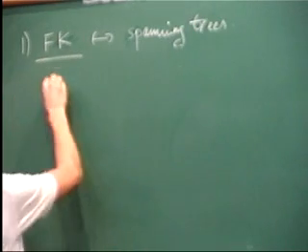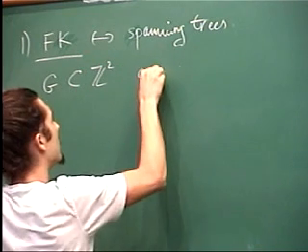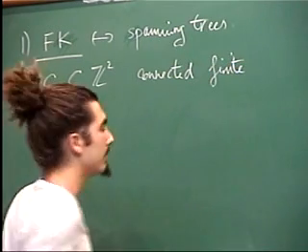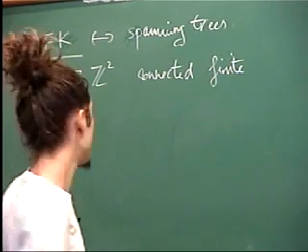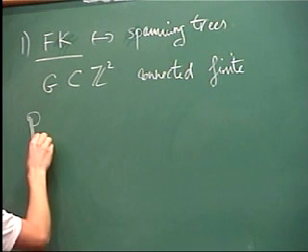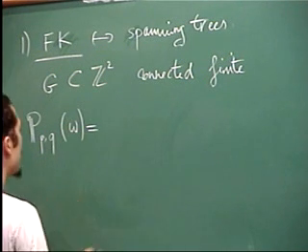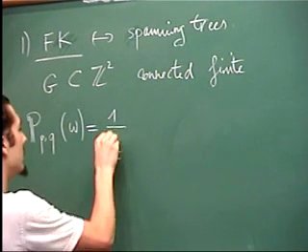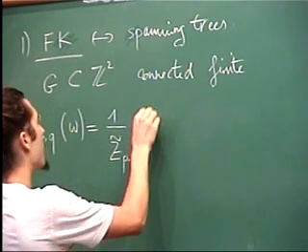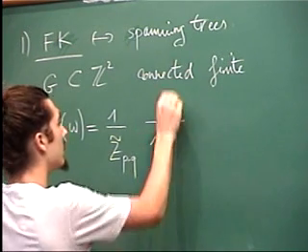So we take G, a finite connected subgraph of Z2. So we don't have any problem defining the FK model on this graph. I recall that the probability we use is a function of two parameters, p and q. We have a normalization constant.